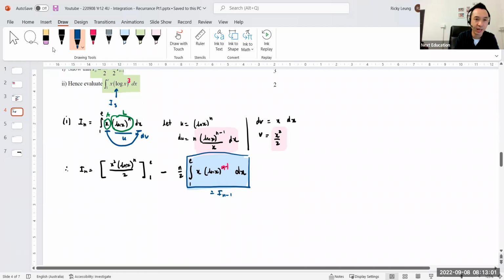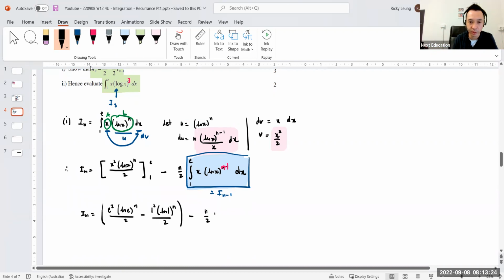All right, so now it's just a matter of subbing in my limits. Subbing e, ln e is 1, so that's e squared (ln e)^n on 2, minus, now for 1 squared, I know ln 1 is 0, so that goes away, perfect, minus n on 2 times I_(n-1). So this goes away, and ln e is 1.